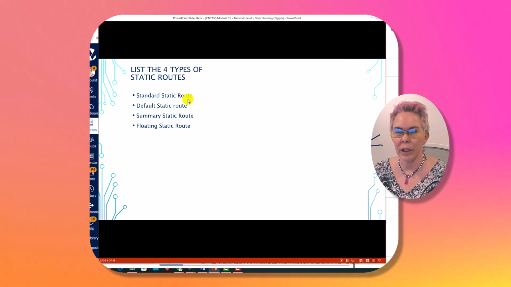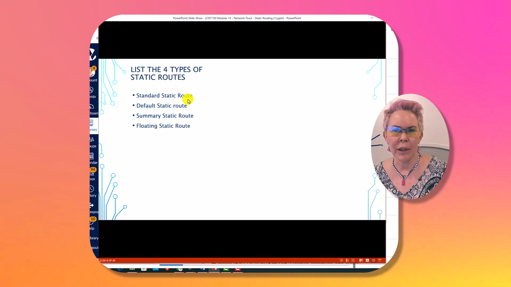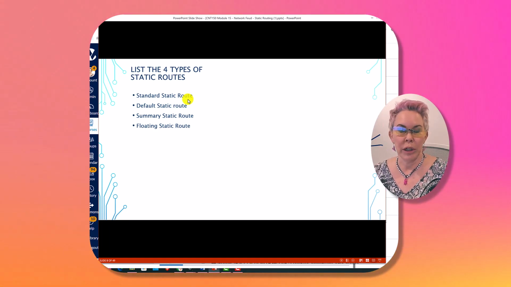Again, I'll do another video to demonstrate that. And then lastly, there's a floating static route. An easy way to think of this is it is a backup route. If you set up dynamic routing, maybe using EIGRP, you would consider putting in a floating static route just in case there was a failure. The floating static route will go to work.